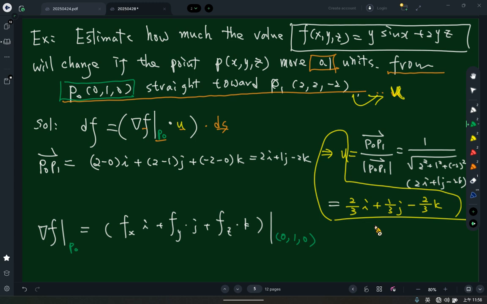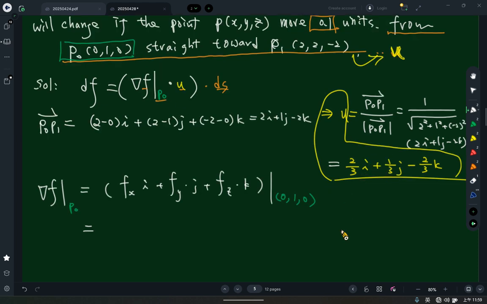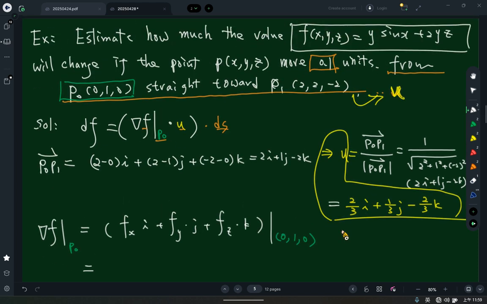We need to take the gradient vector of f at P0. This is a 3-dimensional gradient vector. Why y cosine xy? Because when we differentiate f of x, y, z with respect to x, then y will be treated as a constant, z will also be a constant.